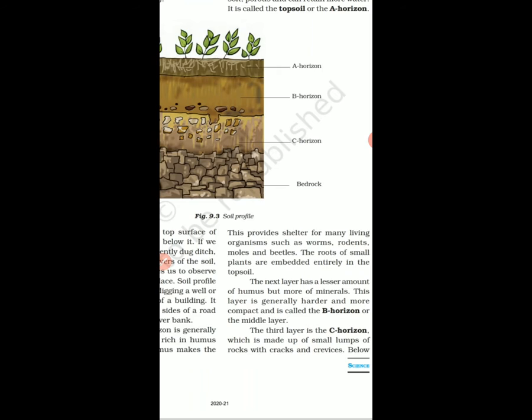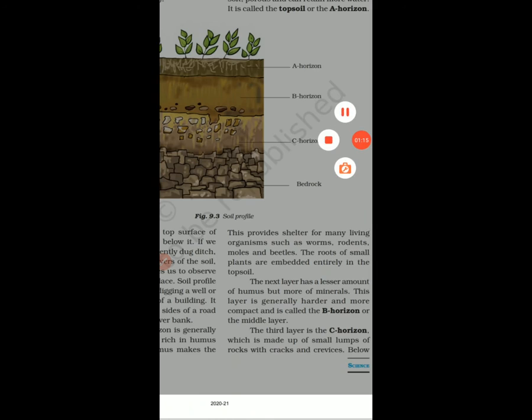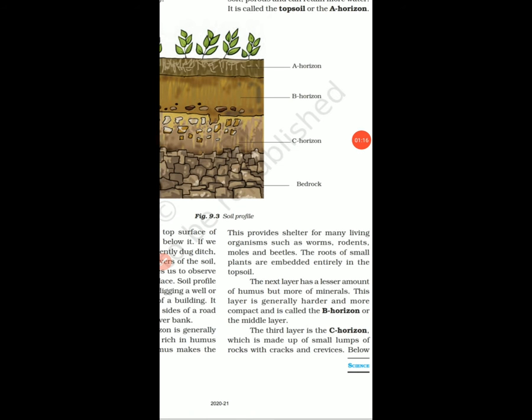The next layer has a lesser amount of humus but more of minerals. The B horizon, it has less humus but it is rich in minerals. It has more minerals. This layer is generally harder and more compact and it is called the B horizon, the middle layer, right?